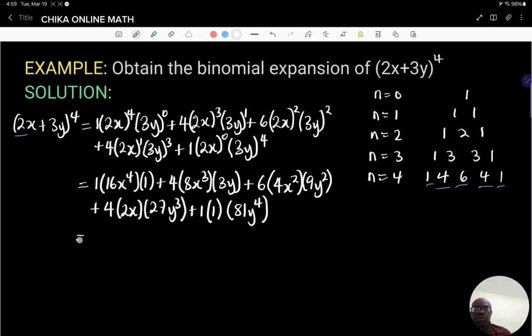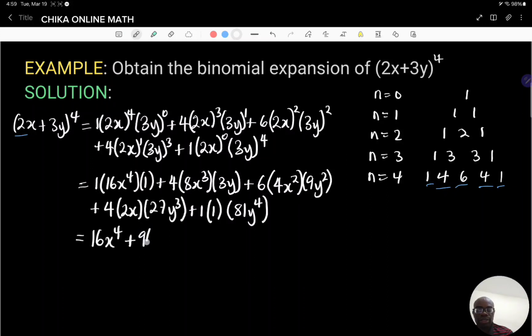Which is equal to 1 times 16 times 1, which is 16. So in the first term, we have 16x raised to the power 4. Plus 4 times 8 is 32, then 32 times 3 gives us 96.